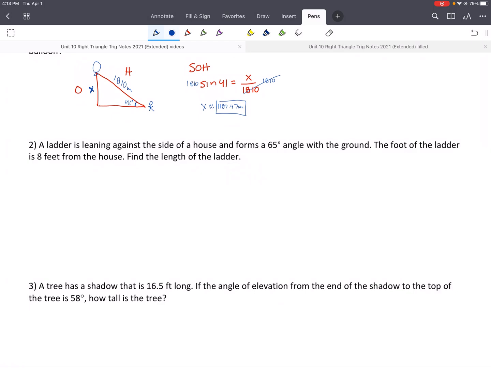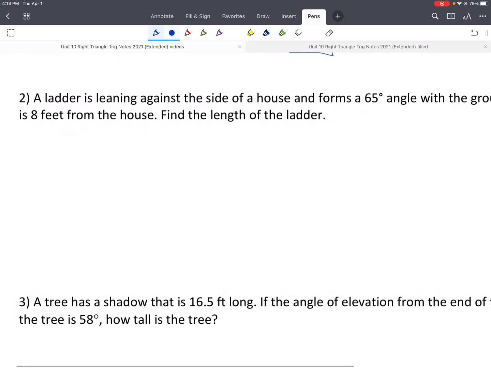So a ladder is leaning against the side of a house. So that kind of makes a triangle. That's nice. So we have this triangle. And maybe I'll make it look like a ladder, okay?